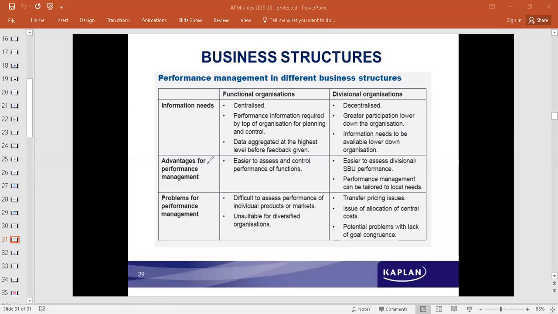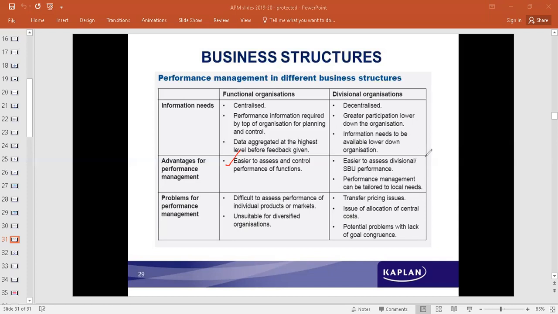What are the advantages for performance management in case of divisional organization? It says it's easier to assess and control performance of functions. Since they are divided, it becomes easier to look at only their division. It is not the overall organization; it is very specifically limited to their division or department.